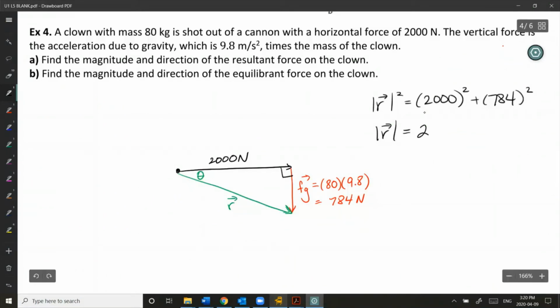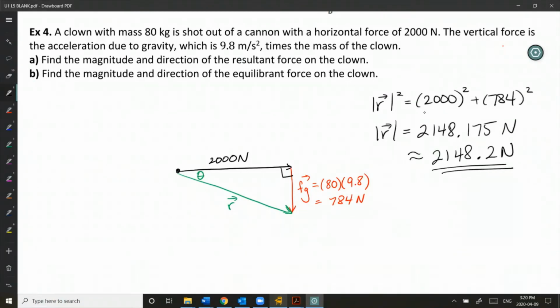And we're left with 2,148.175 newtons. Okay, we can round this, let's say, to 0.2 newtons. Now I'm going to find the angle in here.